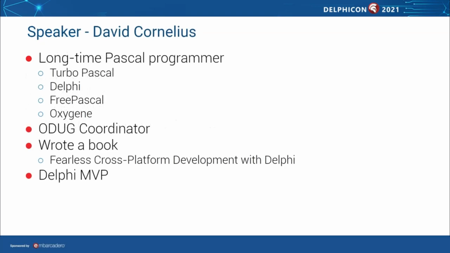A little bit about me. I've worked with several different programming languages, but I've done most of my work with Pascal. I started in the 1980s with Turbo Pascal, used Borland Pascal for DOS-based apps, and started wading through the Windows programming with the OWL, or the Object Windows Library. But I was delighted when Delphi came out and have been an avid user of this programming tool ever since.